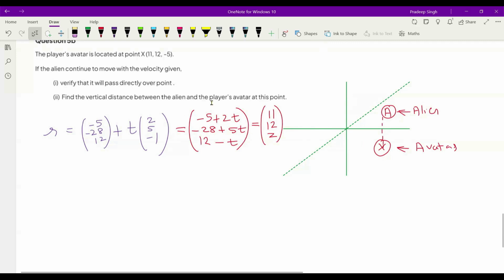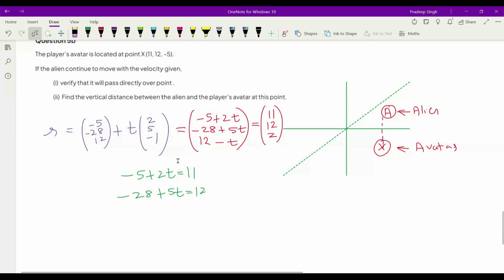Now we will solve this and then check whether our assumption, that the alien is above the avatar, was true or not. So if we equate the x components, we get -5 plus 2t equals 11. That's the x component equation. And for the y component, we write -28 plus 5t equals 12.